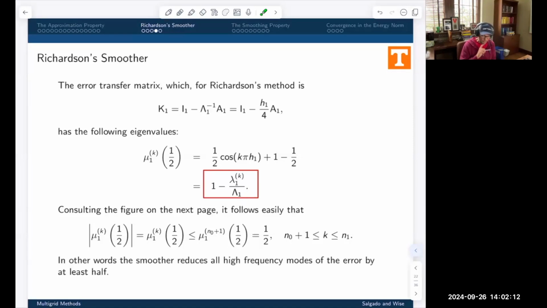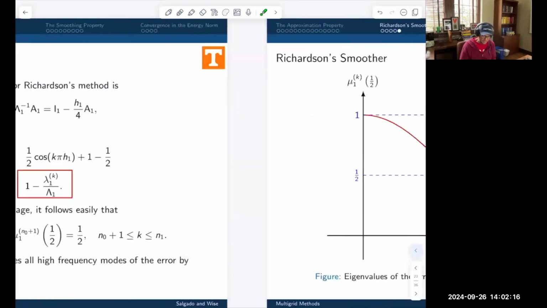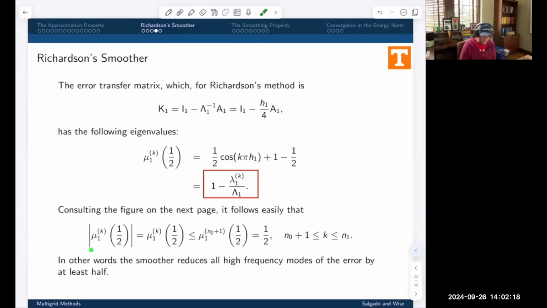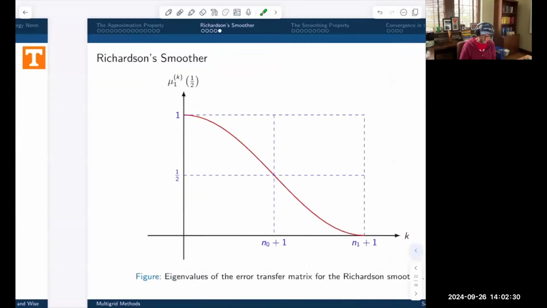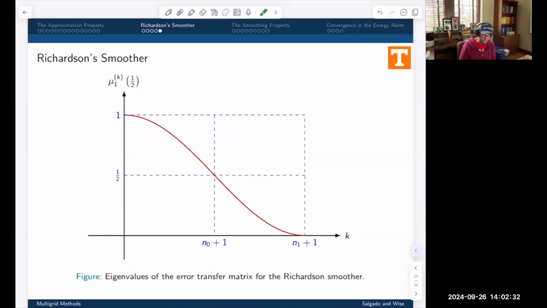And now what we can furthermore show, and this follows from a picture, I think we have that on the next page, is that all of the high frequency eigenvalues are less than a half in size. So let me show you why this is true. Well, this is kind of proof by a picture.